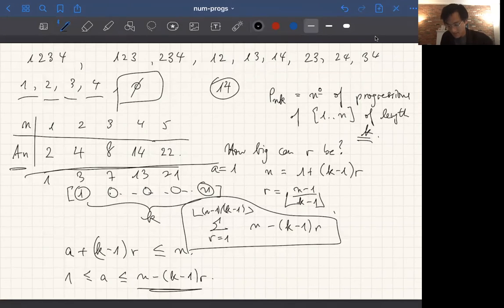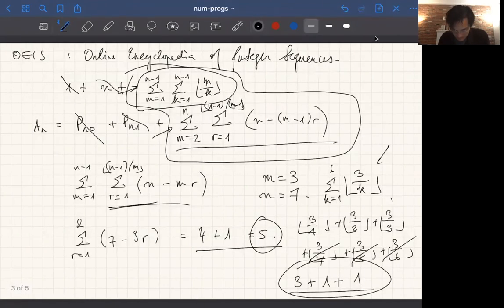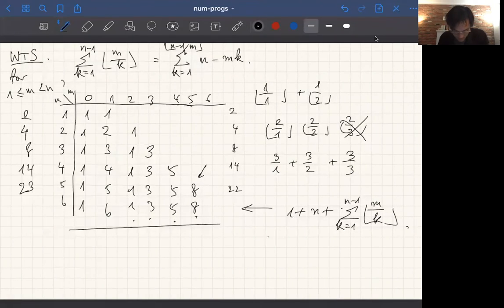Remember, we fixed K. And there are 3 things that determine an arithmetic progression: the base point A, step size R, and the length K. Once you fix K, there's only 2 choices of what to sum over: either the base point or the step size. And we summed over the step size, which turned out to be the wrong thing to do. We should sum over all A instead. And if we would have done that, it's possible we would have just found this right away.